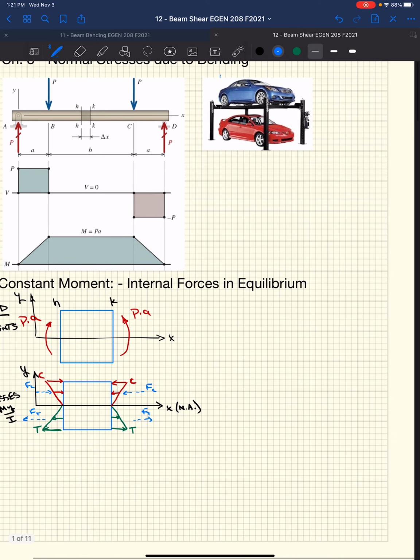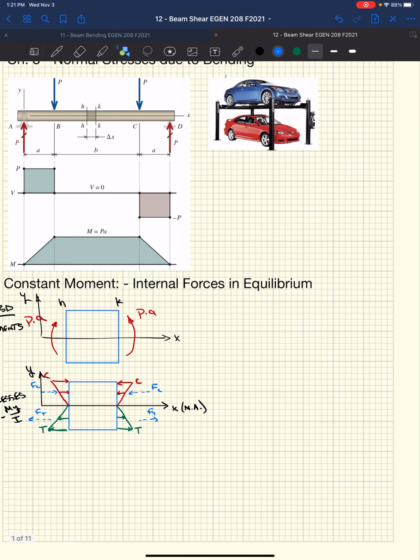So if we take this cross section and now we cut it, we're going to cut it at the neutral axis. Okay.